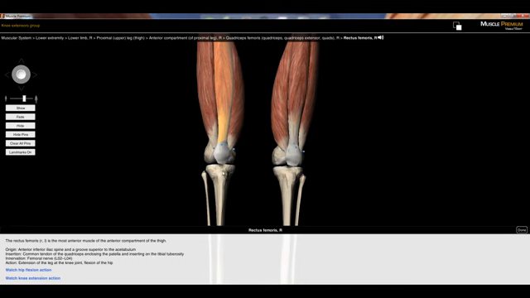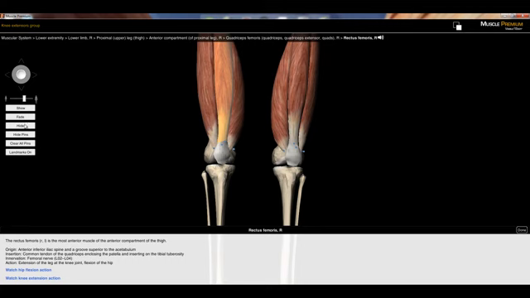I typically will group the whole quadricep insertion into the tibial tuberosity via the patella, which is a sesamoid bone. It's innervated by the femoral nerve, and its function is to extend the knee and to flex the hip.